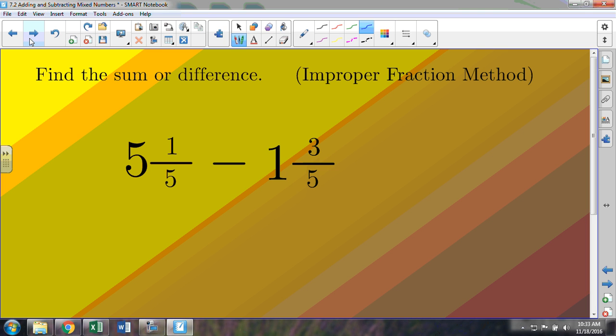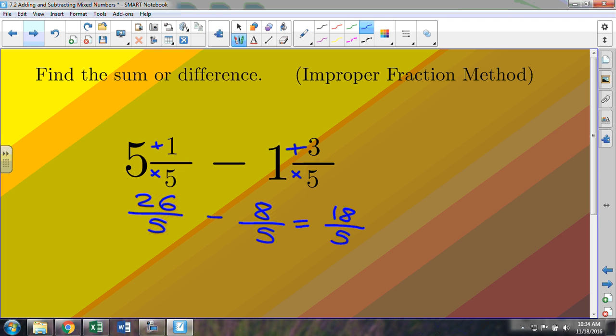Converting them to improper fractions, 5 times 5, 25, 25 plus 1. Okay, so that's 26 over 5, minus 5 times 1 plus 3, that's 8, so 8 over 5. And so now we have to subtract it off and say 26 subtract 8 is 18.